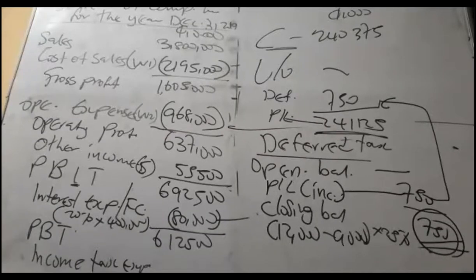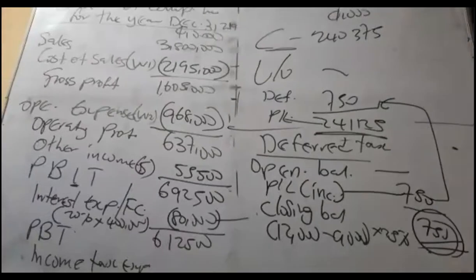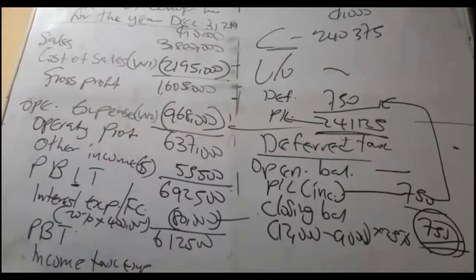You've sent 750 to non-current liability. Agreed. So we send the closing balance of the deferred tax. The closing balance is this one, it's 750. Great. So you have to send it to the financial position.